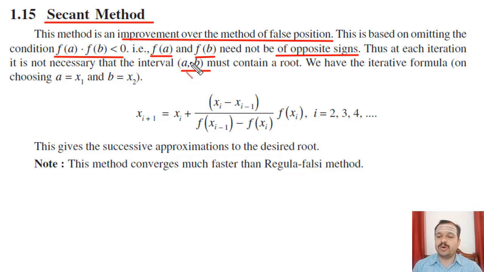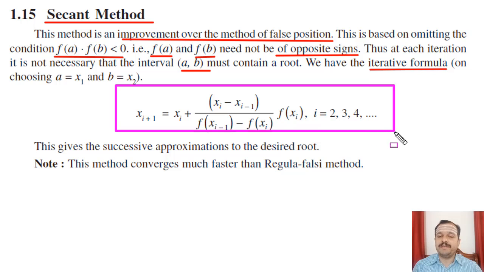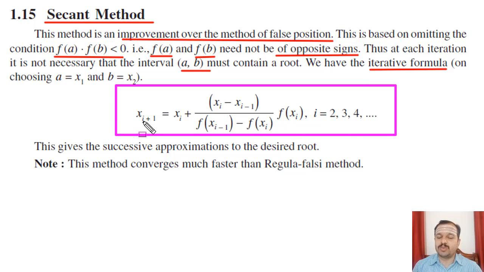We just have to apply the iterative formula, which is very simple. x at the (i+1)th iteration, where i is 2, 3, 4 and so on. If we substitute 2 here, you will get x3. So x1 and x2 values you need. Whatever a and b we have in hand, they have to be taken as x1 and x2: a is x1, b is x2, the initial approximations.